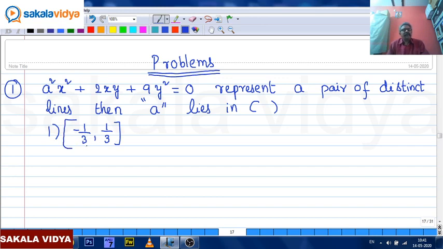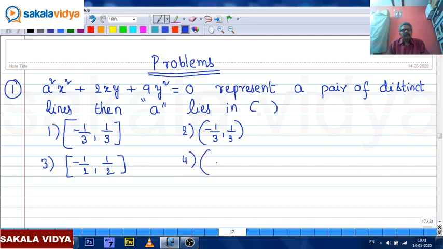The values between minus 1 by 3 and 1 by 3 are also included. Second, open minus 1 by 3 comma 1 by 3. Both endpoints do not belong. Third option, closed minus 1 by 2 comma 1 by 2. And fourth option is open minus 1 by 2 comma 1 by 2. So this is the question.